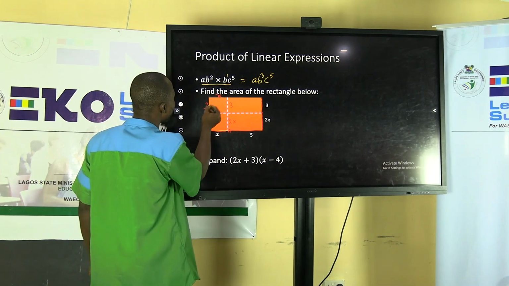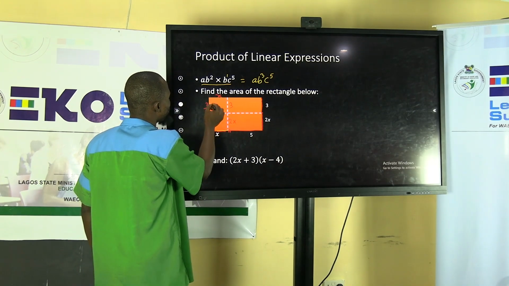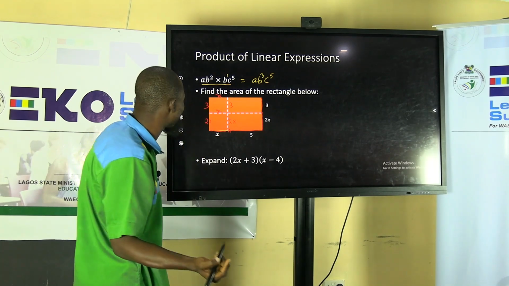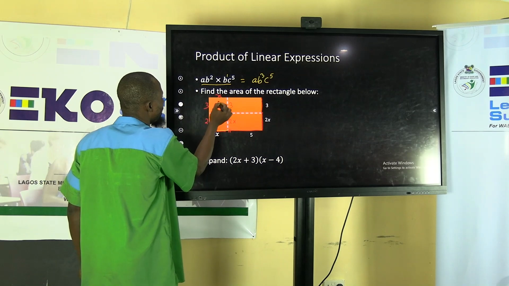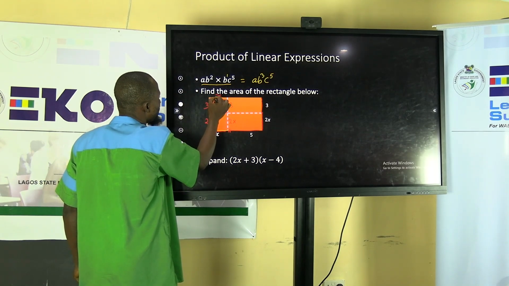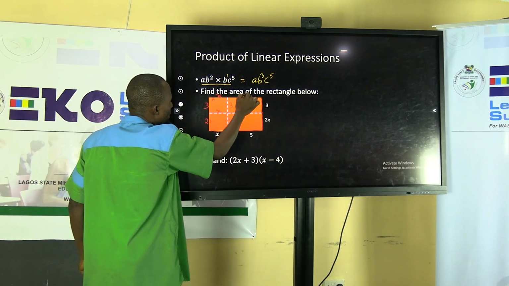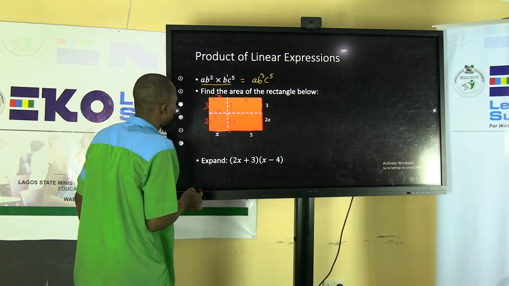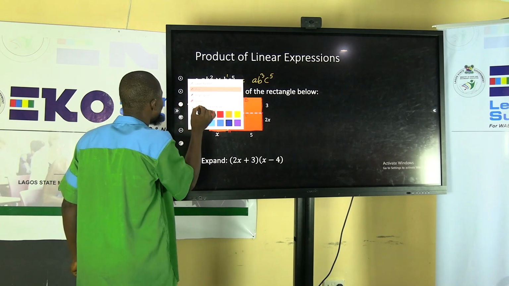Now, the area for this is what? Don't forget, the area of a rectangle is length times breadth. So if you call this portion A, portion B, portion C, portion D, let's find the area.